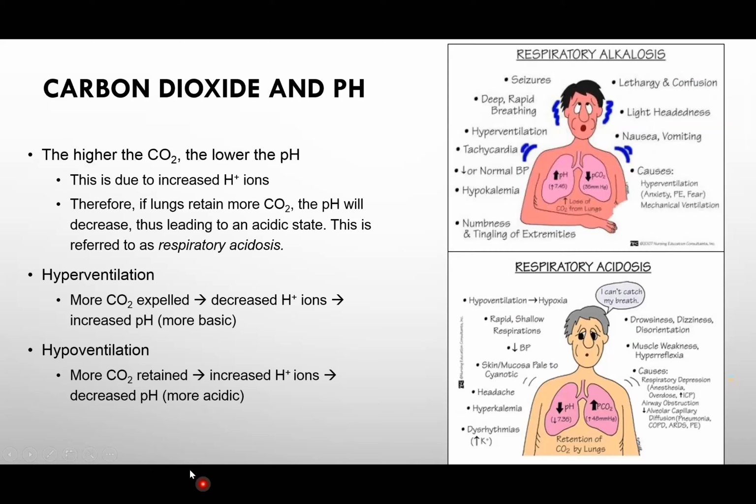All right, so the last thing that I'm going to talk to you guys about is a clinical case scenario, and we're talking about the role of carbon dioxide and pH. Hopefully you guys are familiar with what pH is. pH just measures how acidic or how basic something is. Okay, so we are measuring how basic or acidic.